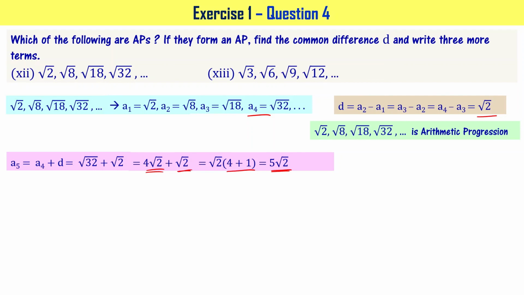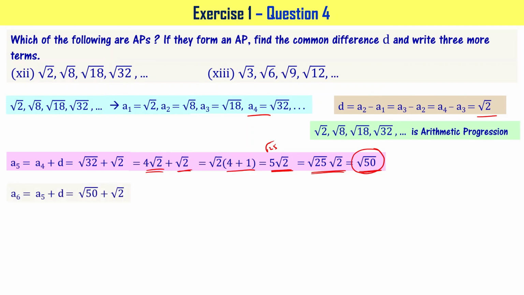Of course, you can leave it as 5 root 2. Otherwise, I can write this 5 as square root of 25, then I have square root of 25 times square root of 2. I can merge these two roots and write it as square root of 25 times 2, that is square root of 50. Understood?